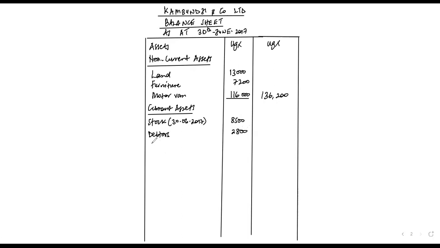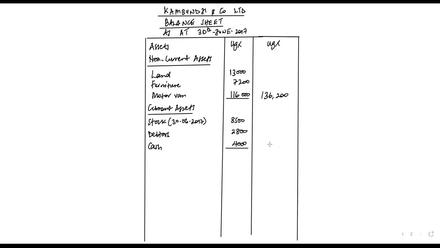We also have cash. Cash balance is 4,000. There will also be bank, but this time round it's a bank overdraft, so it's not an asset, but instead it's a liability. If it was a bank with a balance on the debit column of the trial balance, then that would have been a current asset.